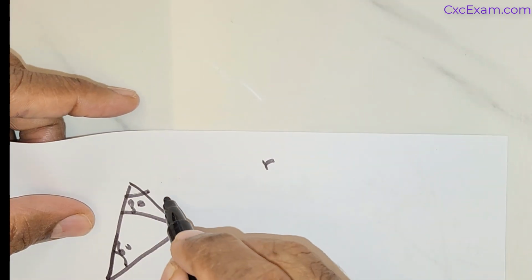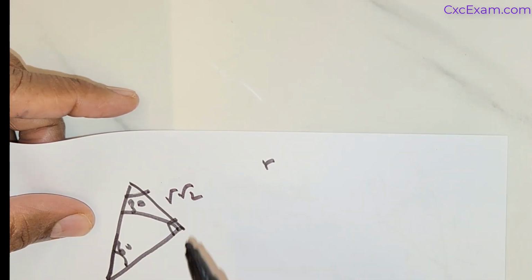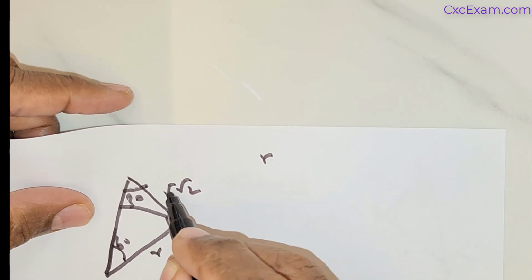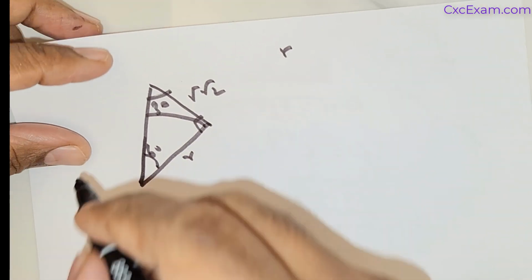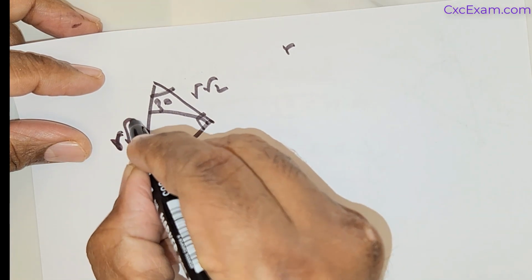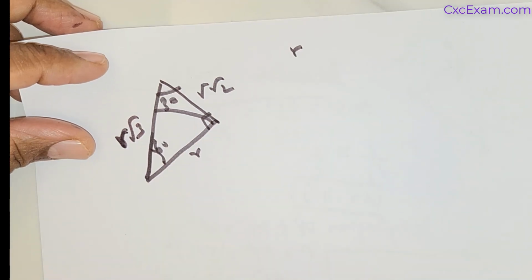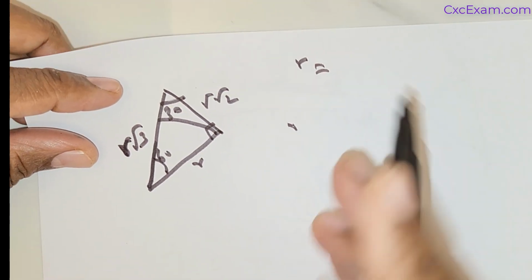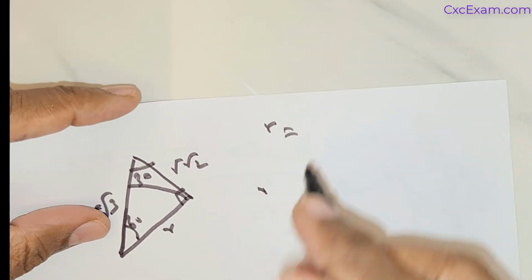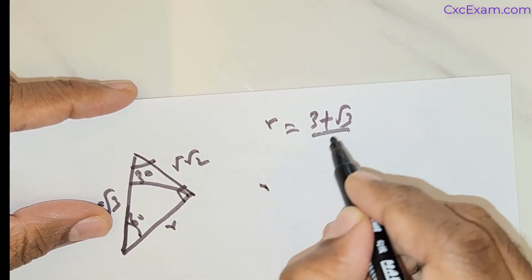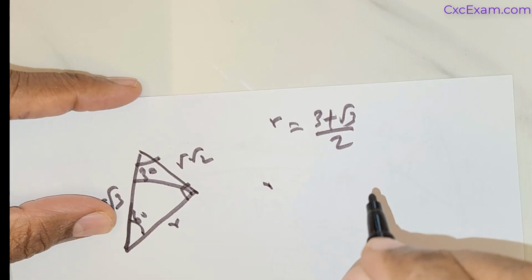So this distance is r times root 2, this distance is r, and this distance is r into root 3. Okay, and our r value is (3 + root 3) over 2, right?